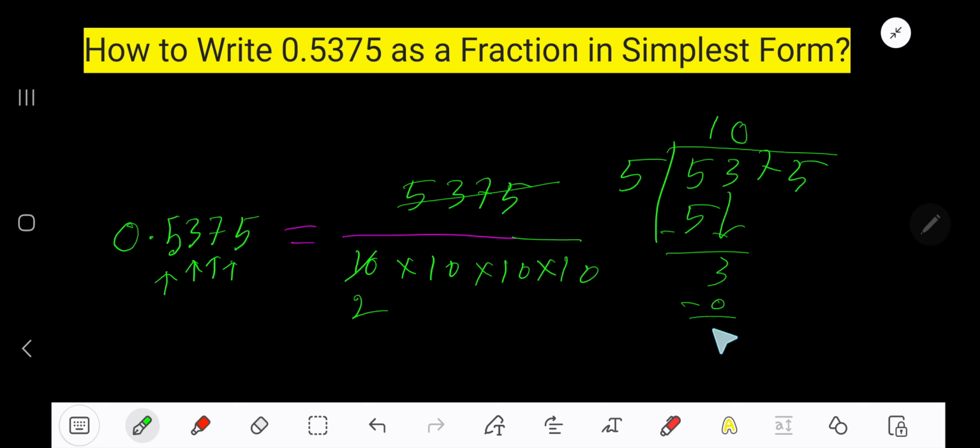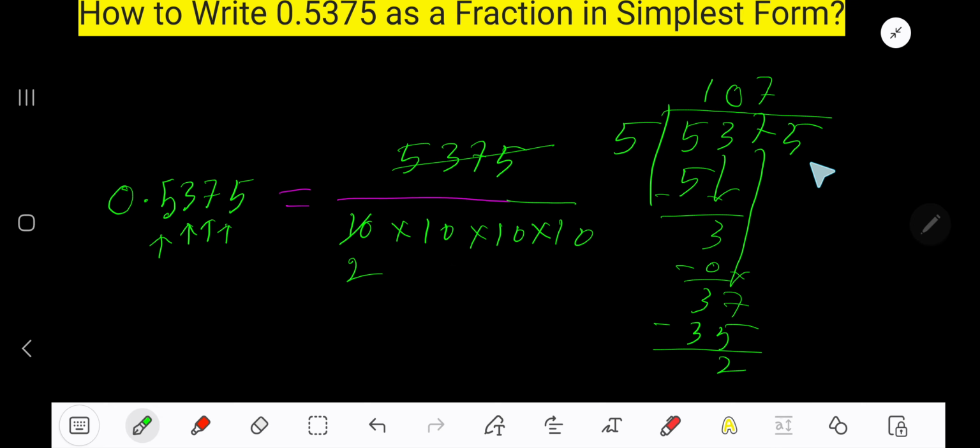Bring down the 7: 5 goes into 37 how many times? 7 times, 7 times 5 is 35, subtract, bring down the 5, 5 goes into 25 5 times, so we are getting 1075.